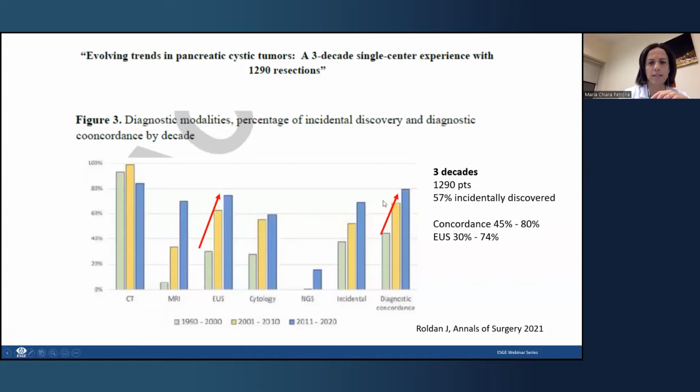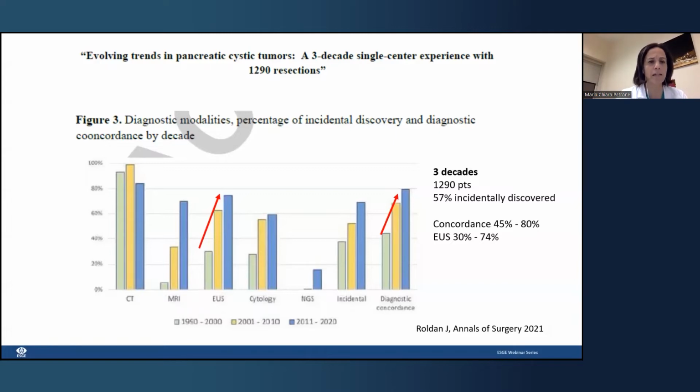As you can see, the concordance between preoperative diagnosis and final histological diagnosis increased by decade from 45% to 80%. And we can see also that the preoperative approach has changed over time.